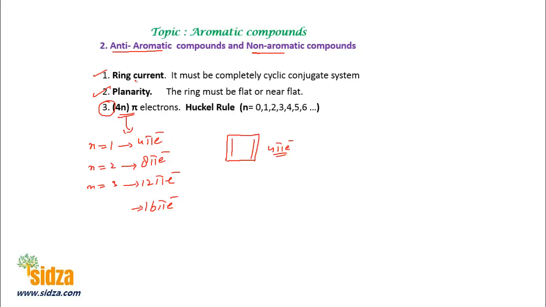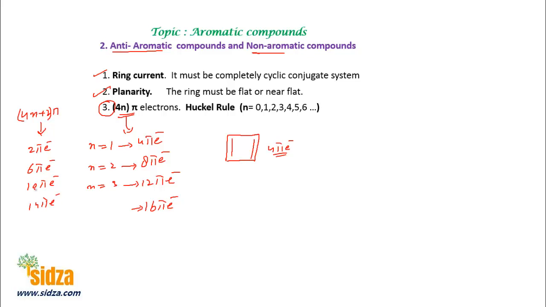The only difference you see here is that rather than 4n pi electrons as in the anti-aromatics, for aromatics we have a 4n plus 2 pi electron system, right? And what are the aromatic numbers? We learned that it can be a 2 pi electron system, a 6 pi electron system, a 10 pi electron system, and a 14 pi electron system.